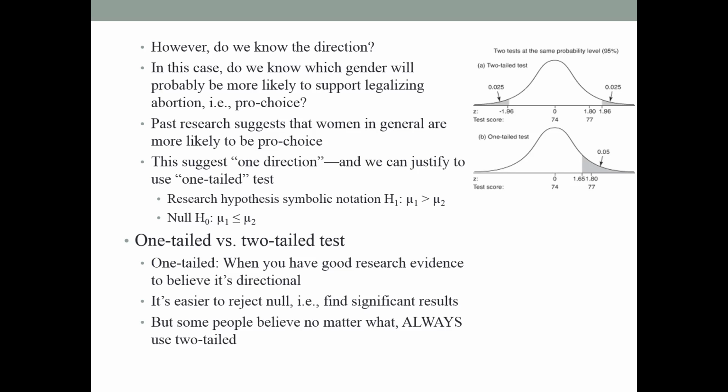Okay. Some people, however, believe that in any situation we always need to use two tails because two tails are more strict. Yeah, this is kind of like cheating. So it depends on different researchers' philosophies. I've seen a lot of published works that use one tail. Okay, just so you know.